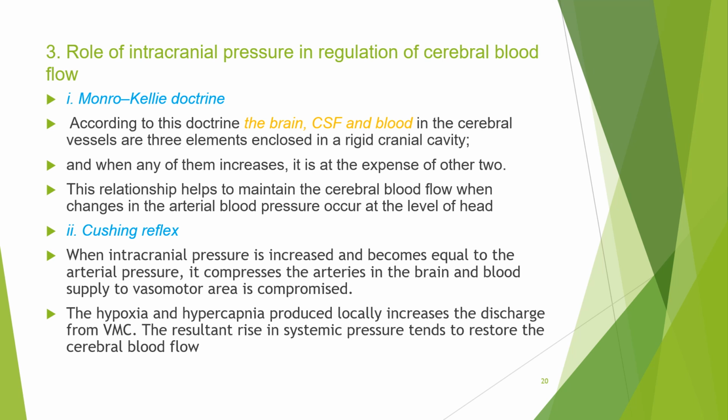And theoretically, what should happen? The cerebral blood flow should be severely compromised. But practically, it doesn't occur. Why doesn't it occur? Because the venous pressure and intracranial pressure are also decreased. And so, the pressure on the vessels is decreased. Thus, the blood flow is less severely affected.